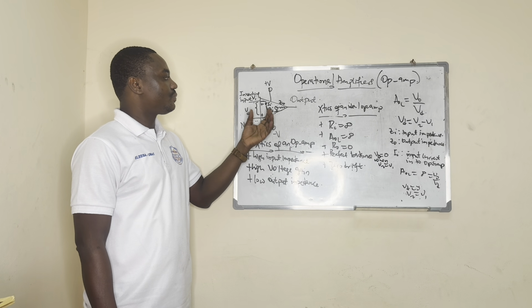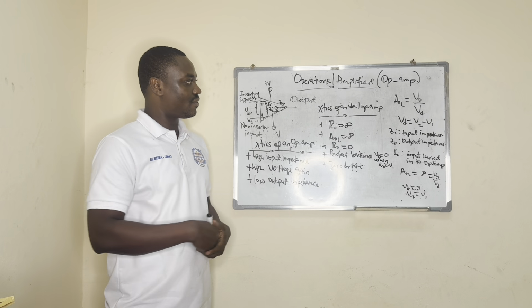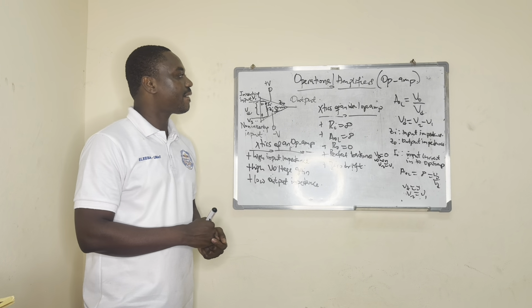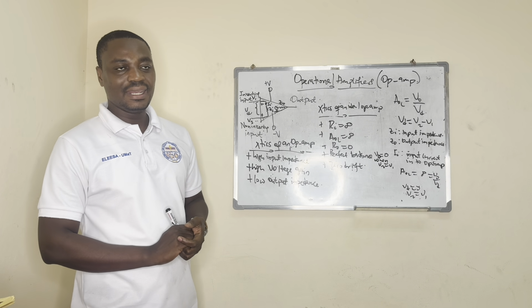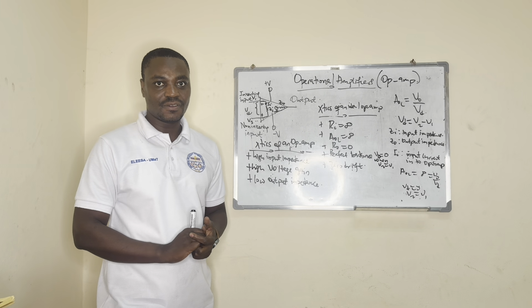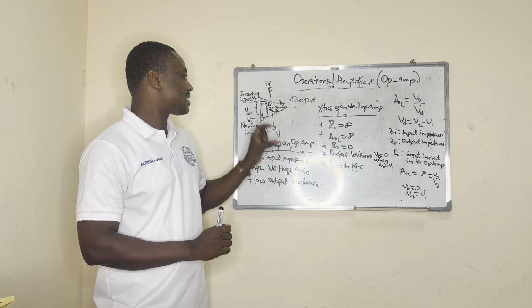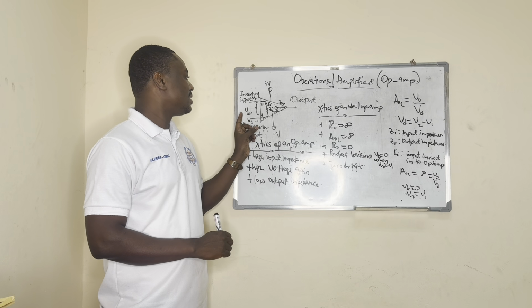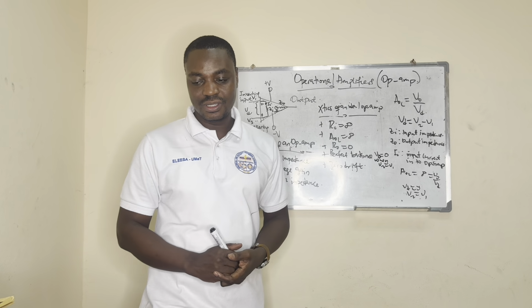But when it comes to the design of an operational amplifier, we will be focusing on the 3 common terminals: the 2 input terminals, consisting of the inverting input and the non-inverting input, and then we have the output terminal as well.